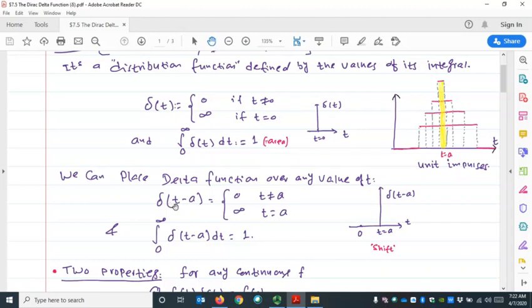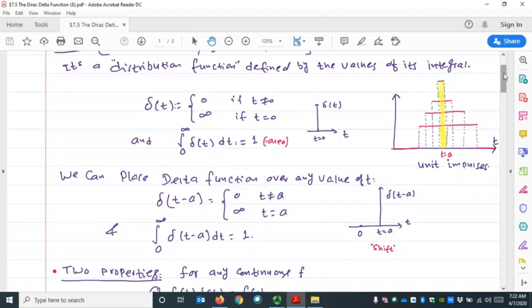So delta of t minus a equals 0 when t is not equal to a, and at t equals a it is infinite, and the integral of delta of t minus a from 0 to infinity is 1. So it looks like this: the delta function has a spike at the point and is 0 outside, but still the area is 1.